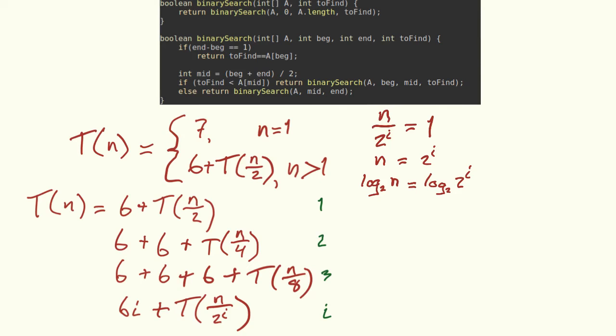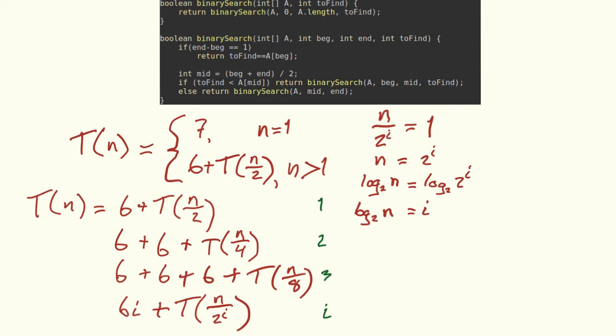And that tells us that i is equal to log base 2 of n, right? Because that's in our log identities. We've got a log of something to a power. That power goes out and these go away. So i is now log base 2 of n, and we substitute that back in here.